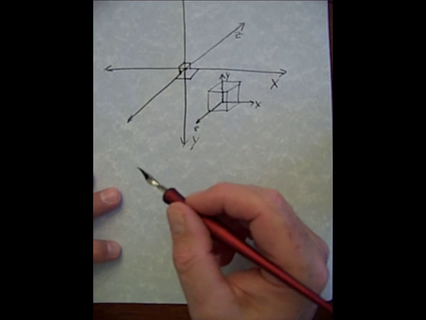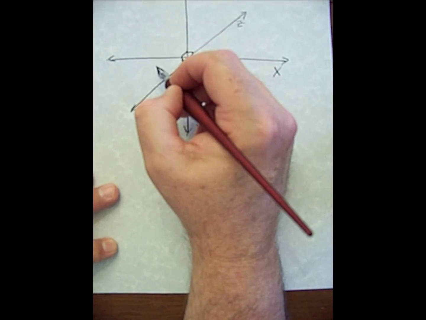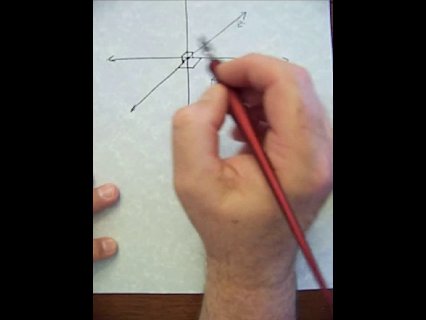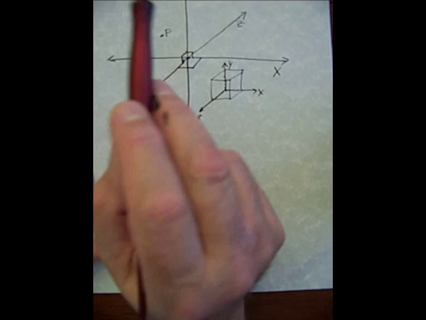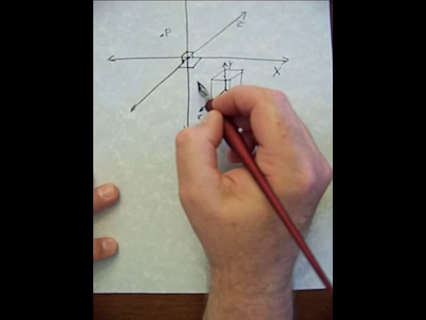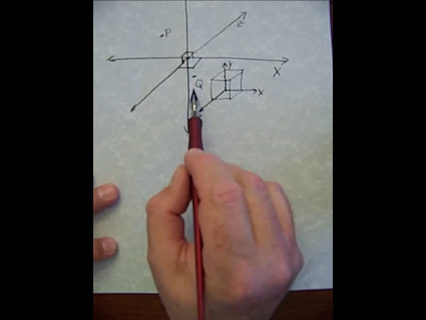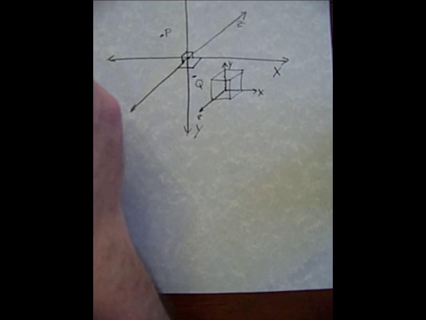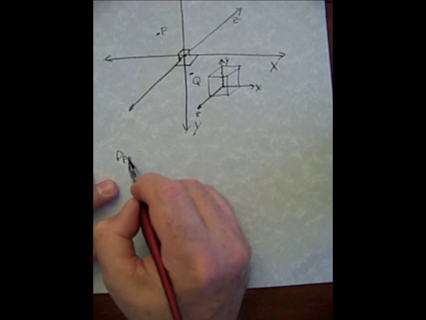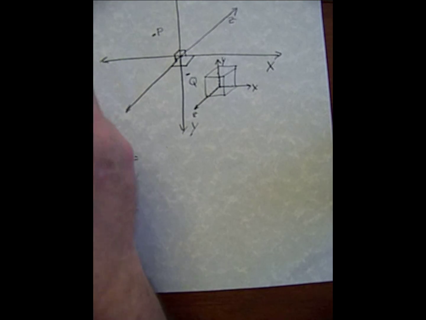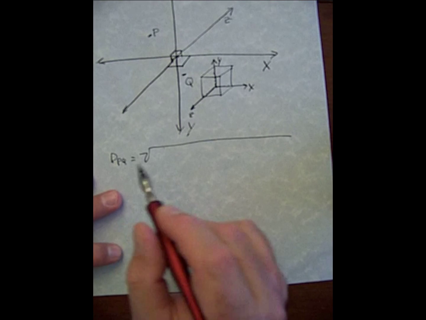And so now, for any point in our three-dimensional space, and I'm going to say I have a point P, and let's say that point P is actually 5 units above the page, and here's my point Q, and it's actually 20 units below the page. Then I can now, just sort of generalizing from what we just did, say that the distance between P and Q is equal to the square root of what?